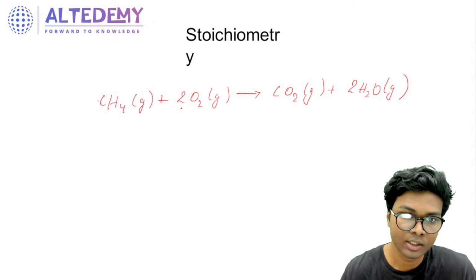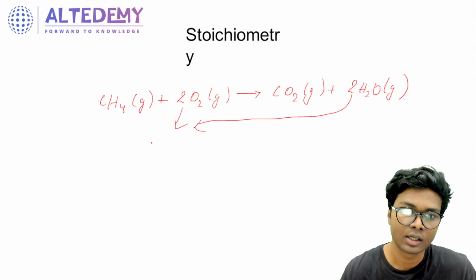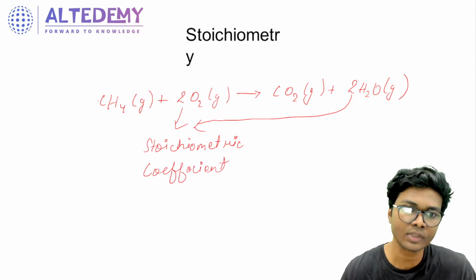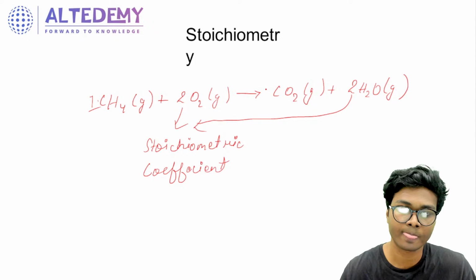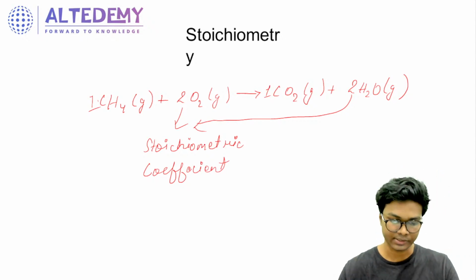So this 2 and this are stoichiometric coefficients. Even this one, these are stoichiometric coefficients.